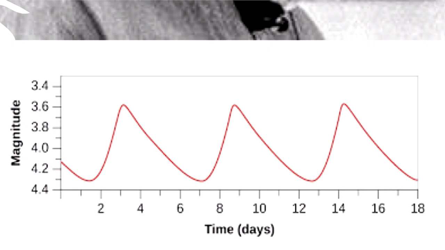Here it goes to a maximum brightness. Here it becomes dimmer and dimmer until it reaches minimum brightness. And the brightness will grow up again.